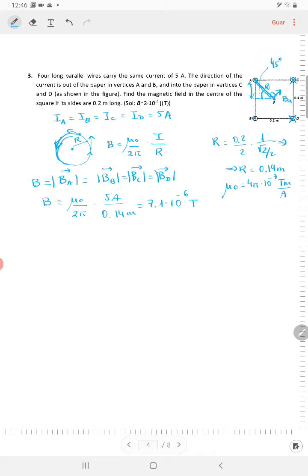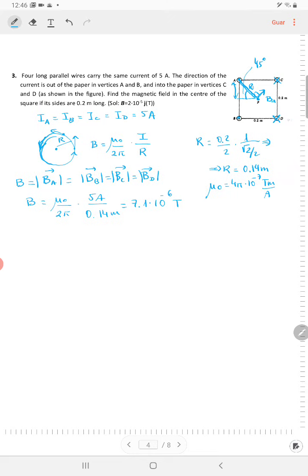For B_D, remember that D is going into the screen. So if we do the same, we use again our right hand, we will see that B_D has also the same direction. So B_A and B_D have both the same direction.